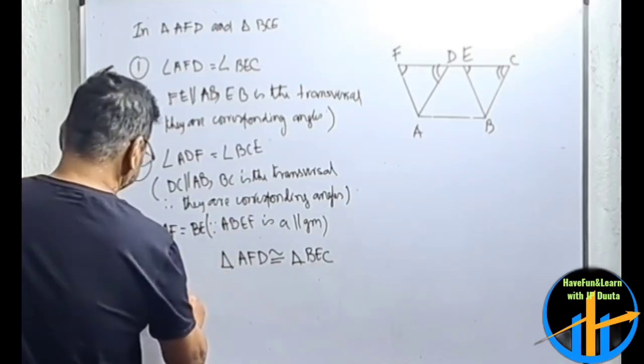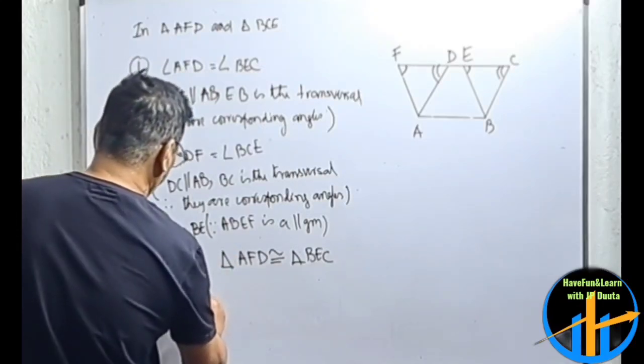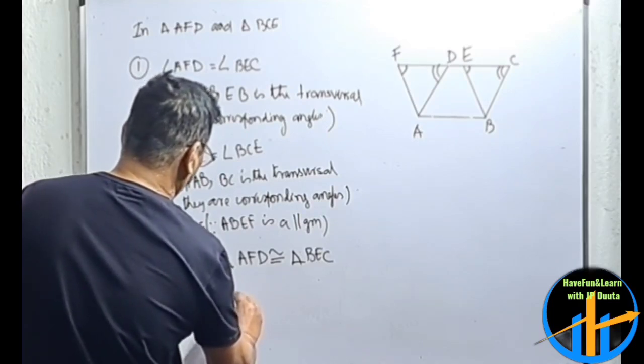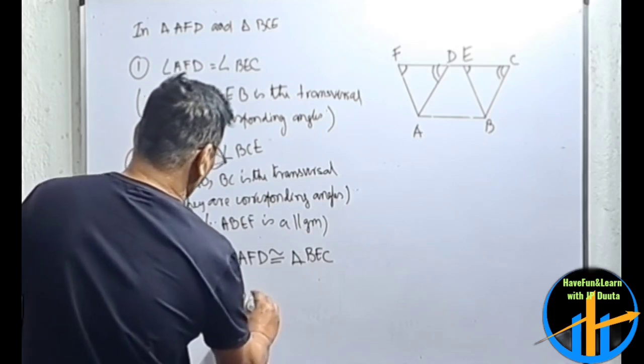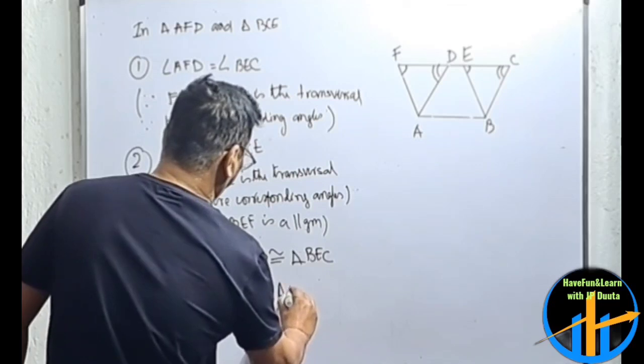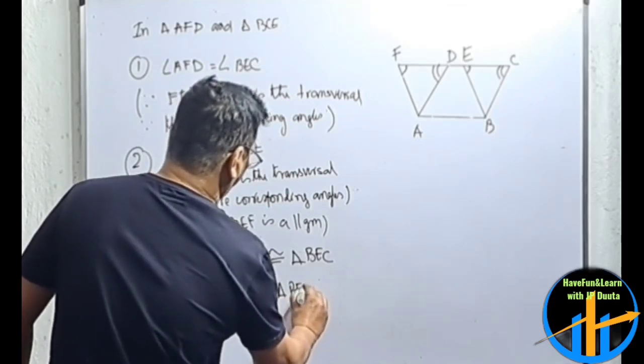Therefore, area triangle AFD is equal to area triangle BEC. Correct?